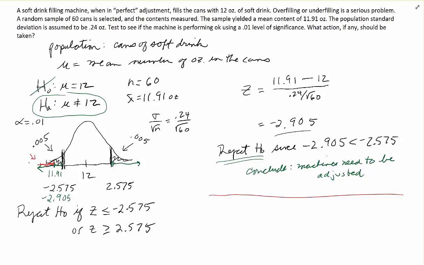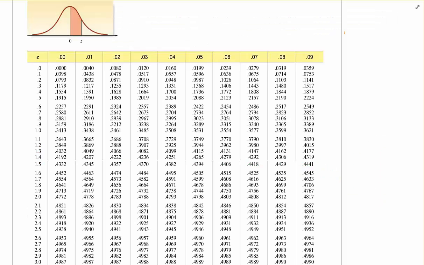So let's go to the standard normal table. So I have a z-value of negative 2.905. By the resolution in this table, I'm going to have to round that to a negative 2.91, and I'd be able to look that value up.